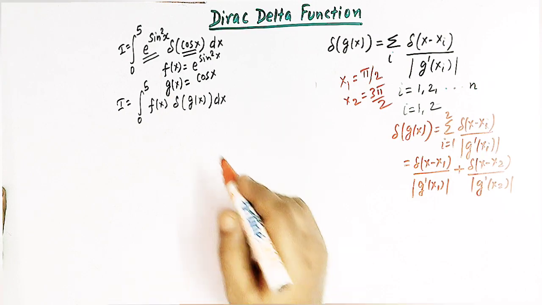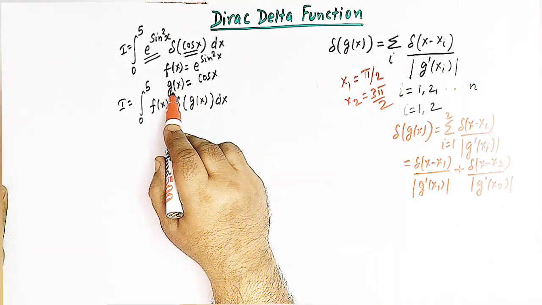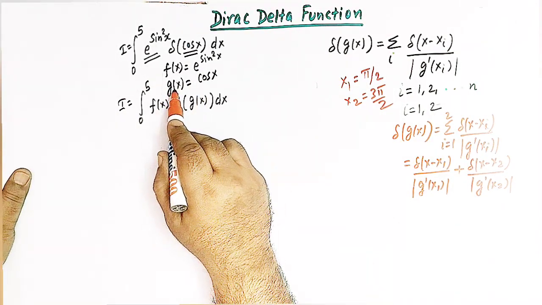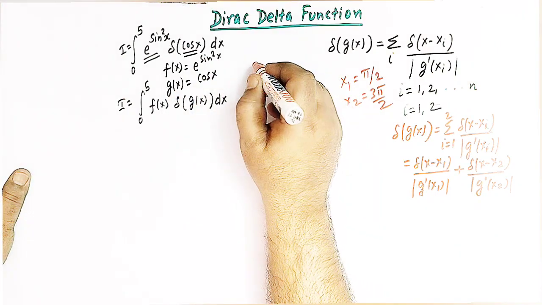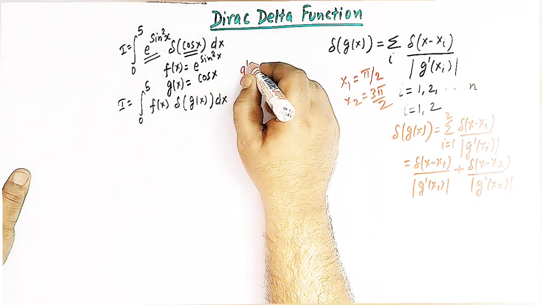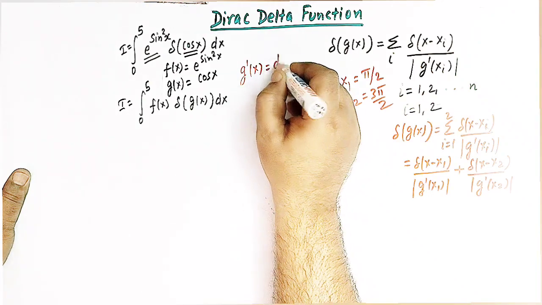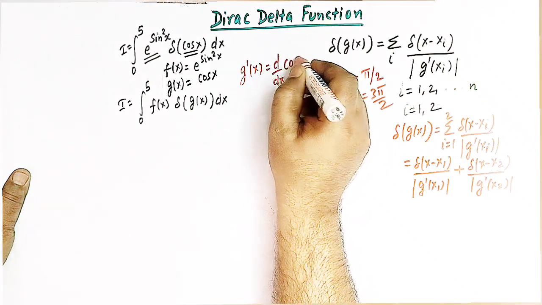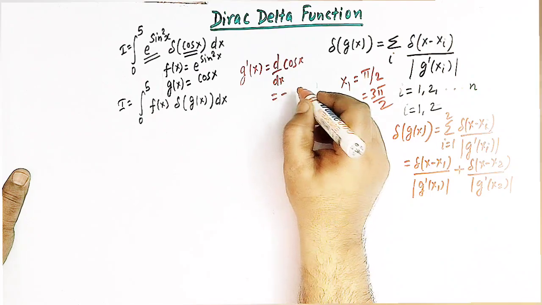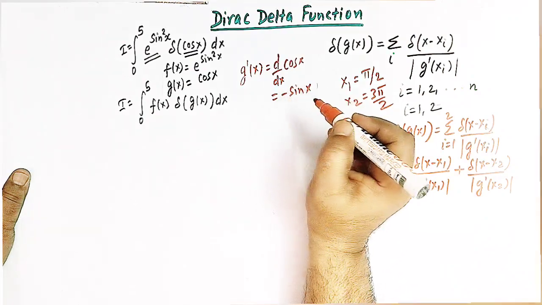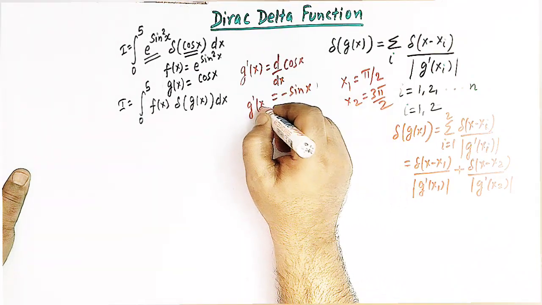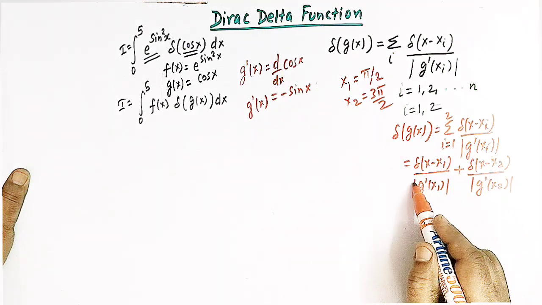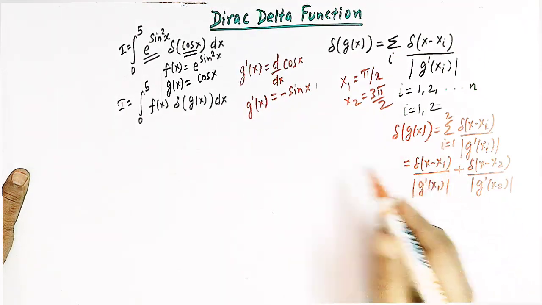So now the next step is to get the derivative of the function g of x equals cos x. So g prime of x is the derivative of cosine x, and this is minus sine x. Now let us find the mod of g prime of x1.